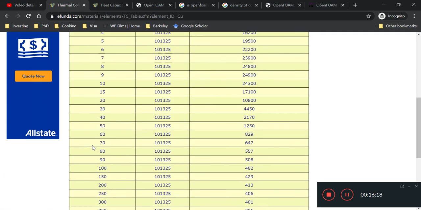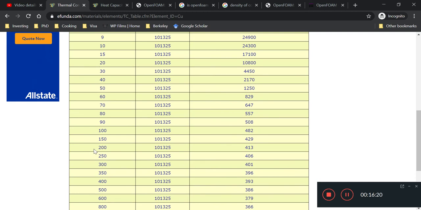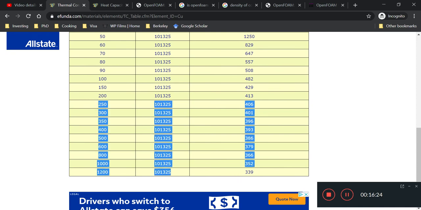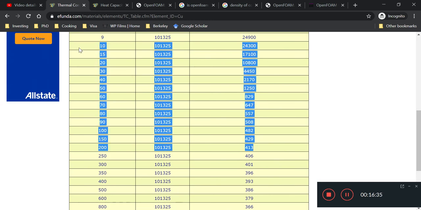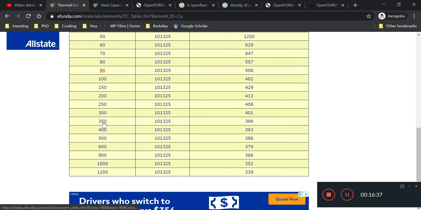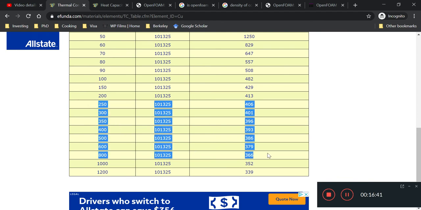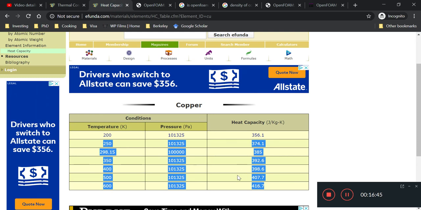This one, we can incorporate maybe from 250 onwards, because there's nothing quite at 288. So I think 250 is enough. We don't need to go to cryogenic temperatures over here, so let's not bother. The simulation isn't going to do that. So 250 all the way to maybe 600 will do.